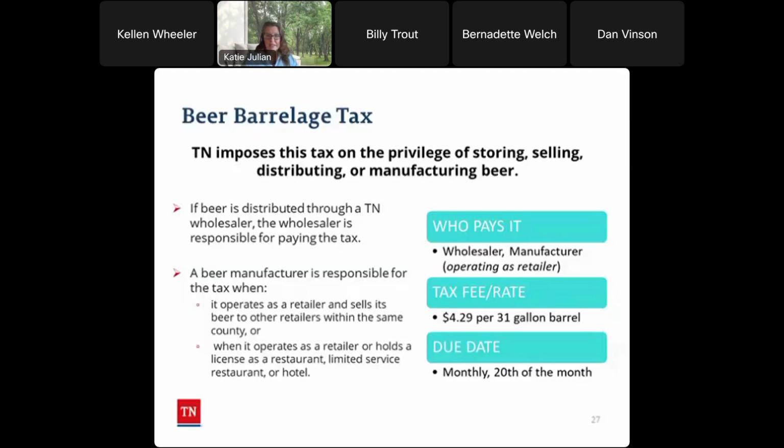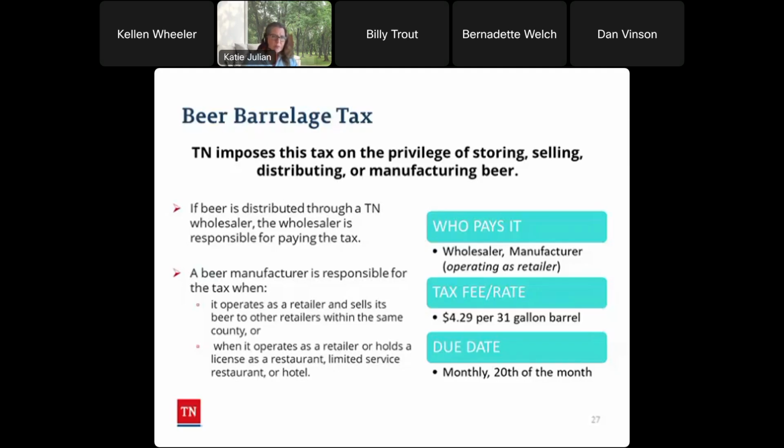The tax is levied in addition to all other taxes and is solely a state tax that may not be levied by any county, municipality, or taxing district. And the tax is prorated for barrels containing more or less than 31 gallons of beer, and it is remitted to the Department of Revenue monthly on or before the 20th day of the month in which it accrues.